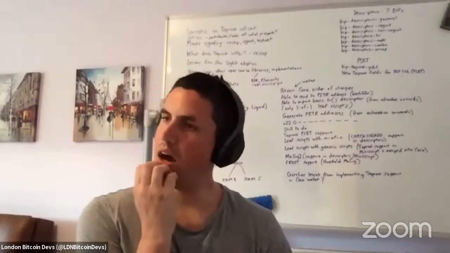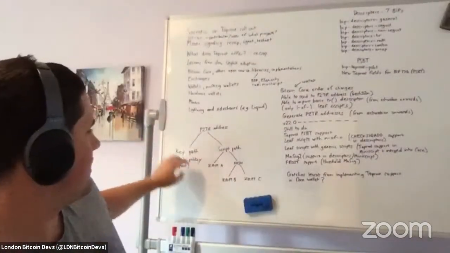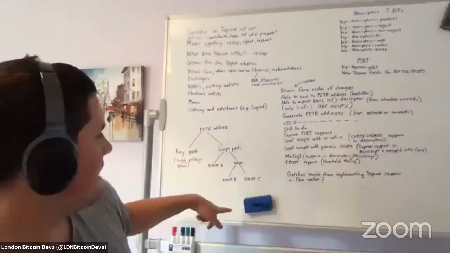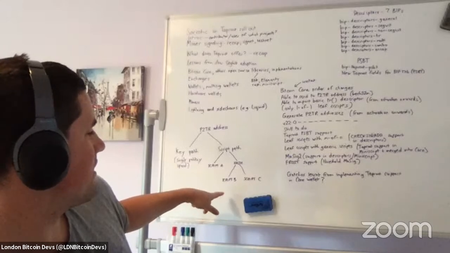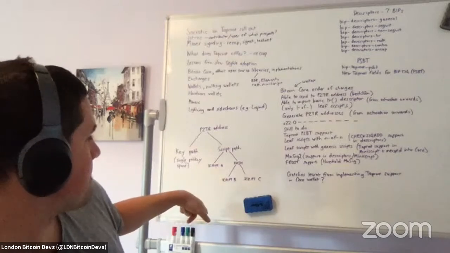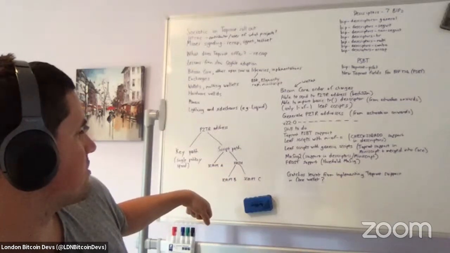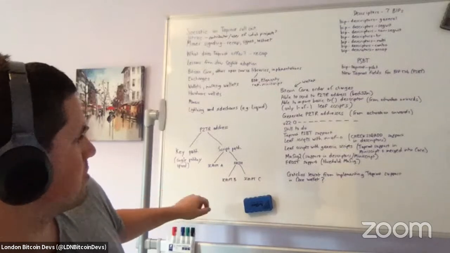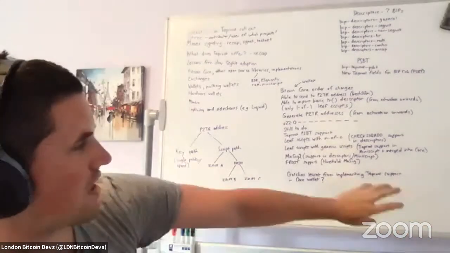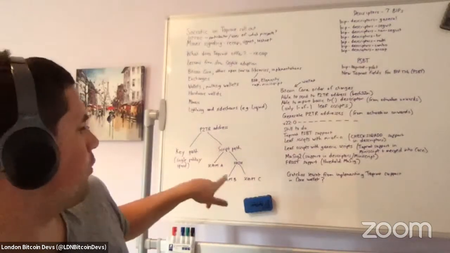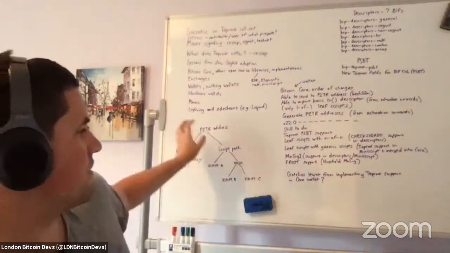I don't know if you can see the board behind me, but with the Taproot tree, we can have complex scripts and put them in the leaves of the Merkle tree. It's great for privacy because you only reveal the one script that you're spending. And it also saves block space, because rather than putting a really long script on chain, all you need to do is prove that one of the single leaf scripts was within the tree.